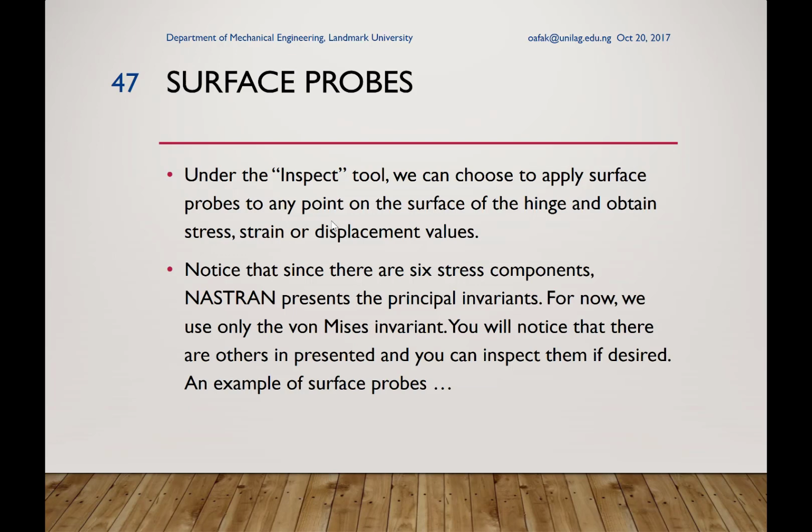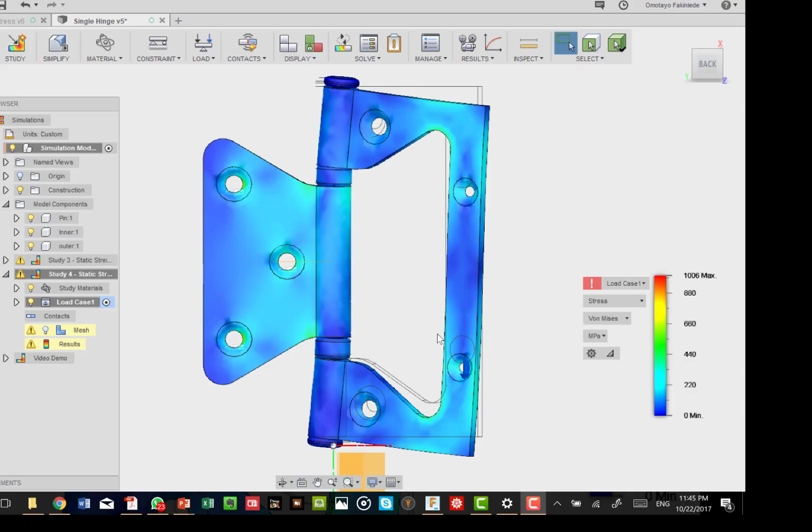Lastly, we will show how you can inspect your system or the results using what we call surface probes. If you go to the inspect tool, which is one of the tools, in inspecting the results, one of the ways we can get specific information on this result is to use surface probes.